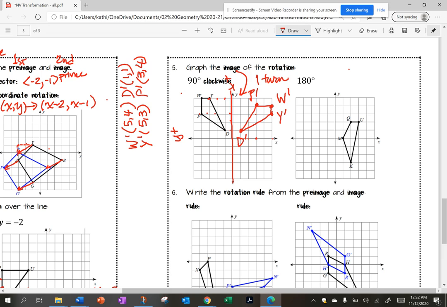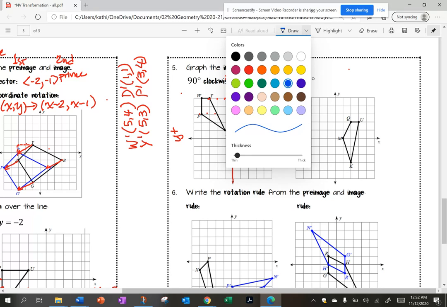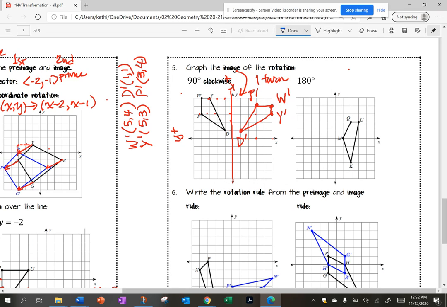Okay. What about the next one? So 180. So 180, I can go either direction. Doesn't matter. 2 turns because I am halfway around.